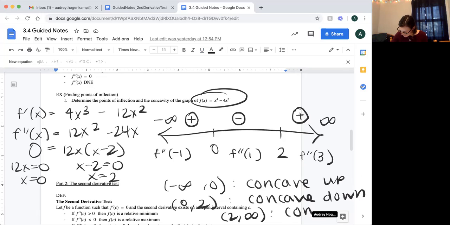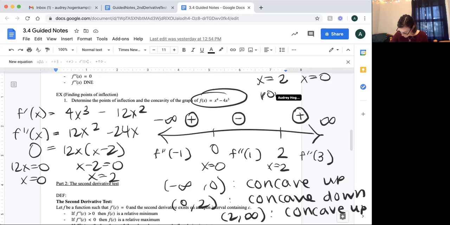That tells me concave up. And then further, since I have a switch in concavity at x equals 0 and x equals 2, I now know that I have two points of inflection, and those are at x equals 0 and x equals 2.